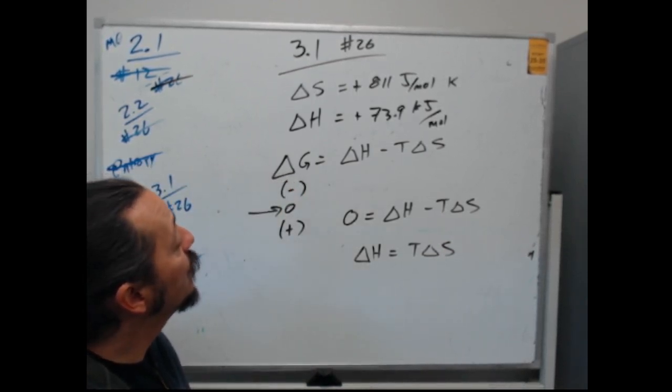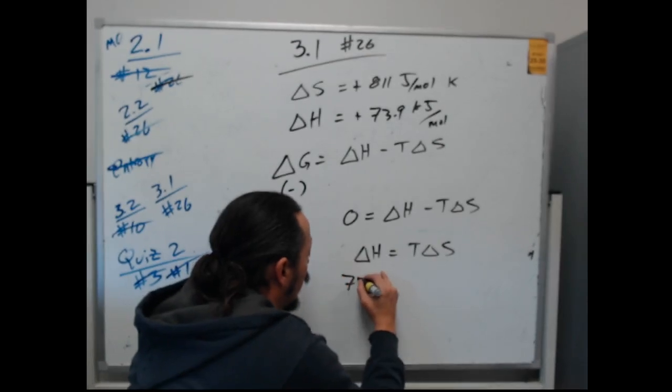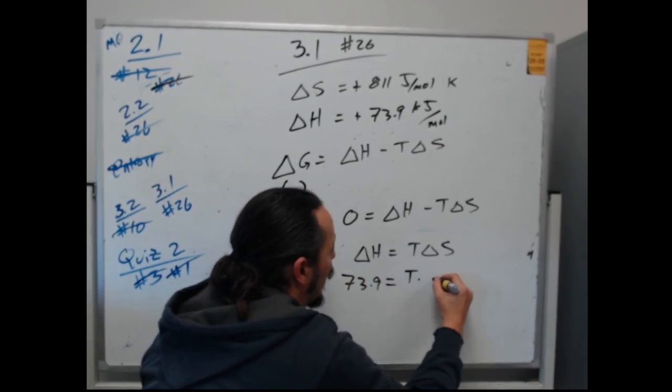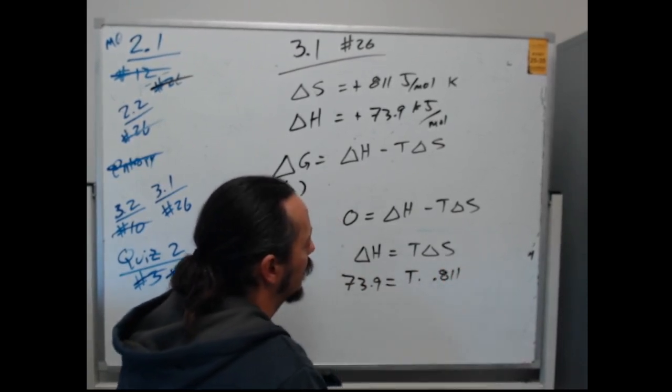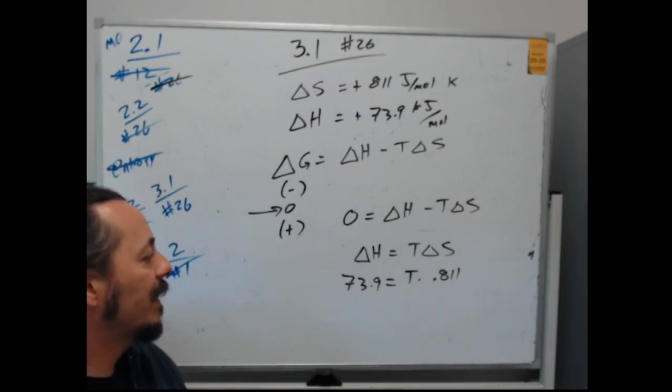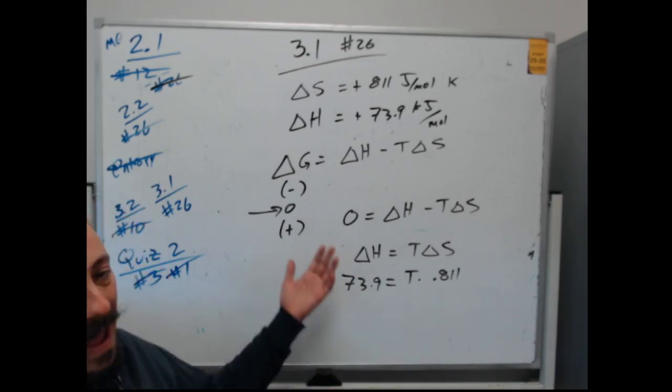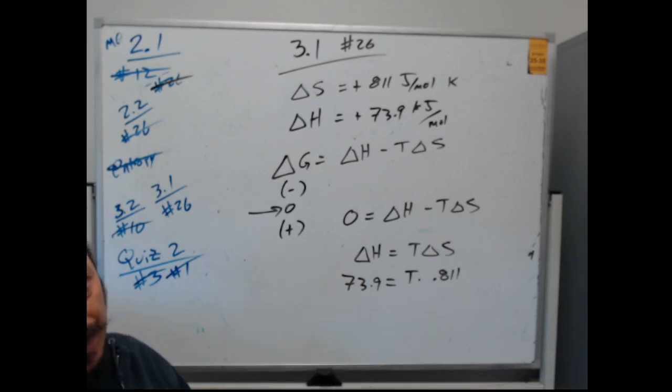I'm going to go ahead and do some unit conversion. We're going to do 73.9 equals T times 0.811, so 73.9 divided by 0.811. That should be it. Notice again, the math we end up doing is super easy.